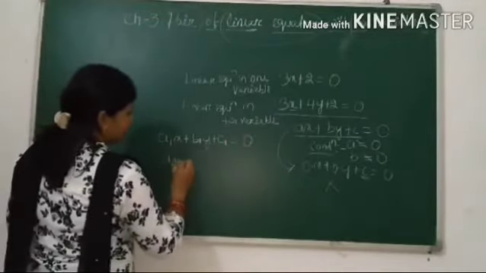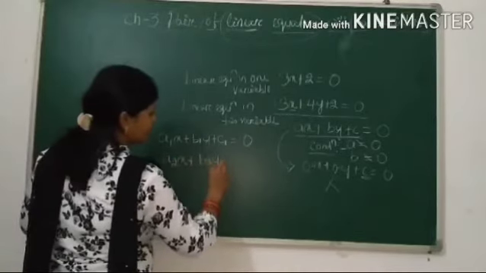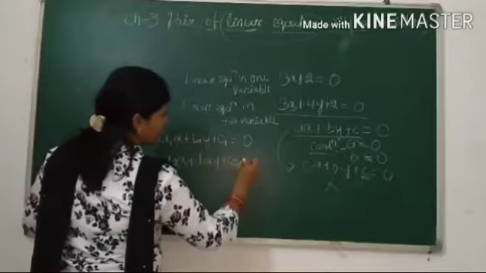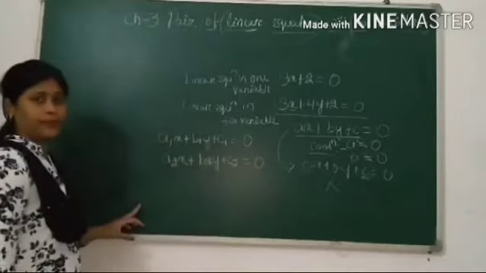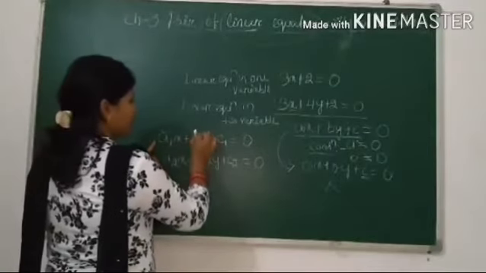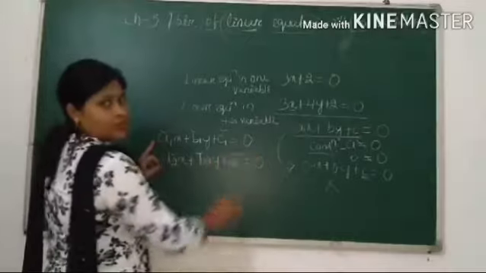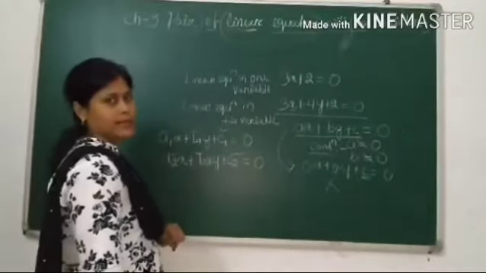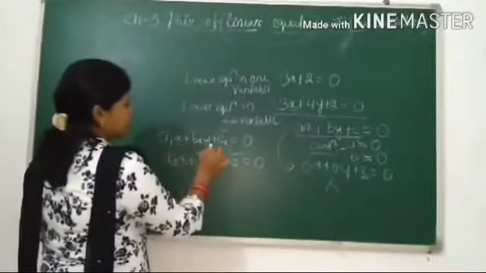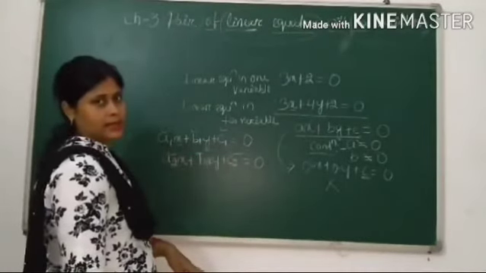Then another equation is a2x plus b2y plus c2 is equal to 0, where a1, b1, c1, a2, b2, c2 are real numbers and x and y are variables.